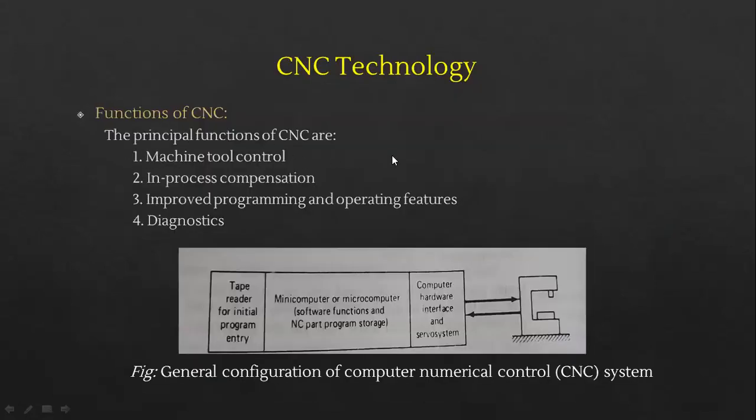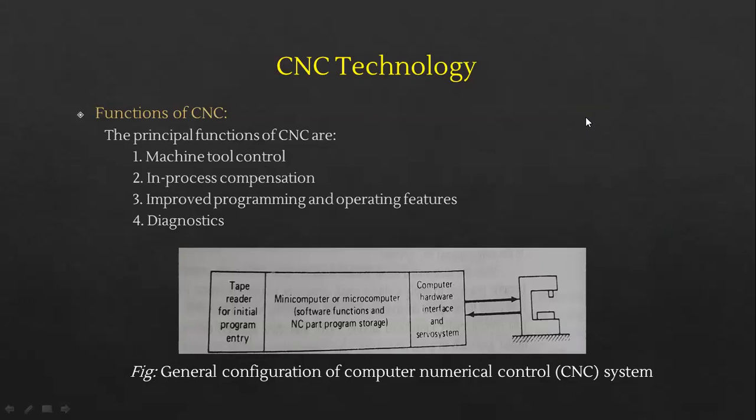The functions we saw: machine tool control, in-process compensation, improved programming and operating features, and diagnostics, right? We saw how that tool offset works, that the tool being worn away gives rise to that blunt nose at the tip of the tool.